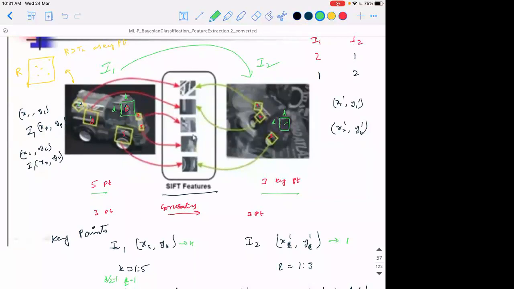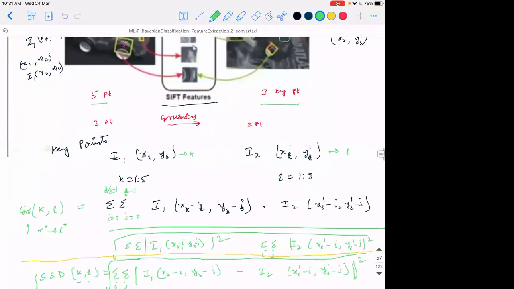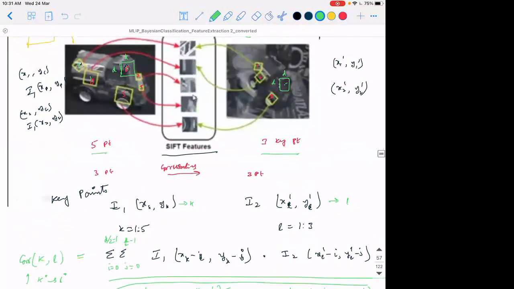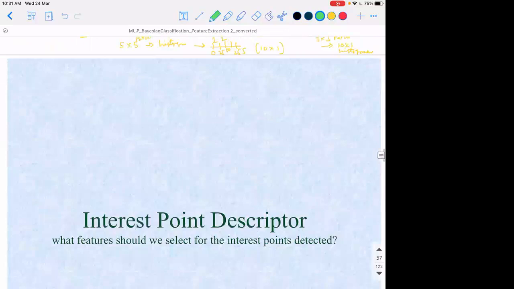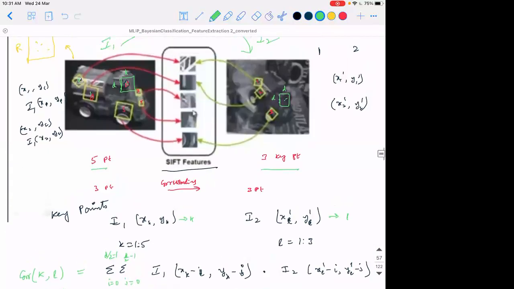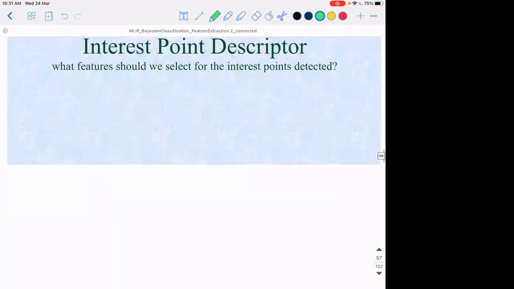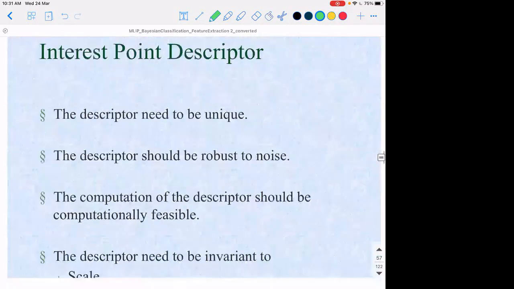If I use intensity based features and find correlation, do you think they will match? Here it is the green one and here it is the red one. I will not find the key points correctly. Then what should I do? I have to use features that are invariant to intensity changes, right? That is referred to as photometric invariance.